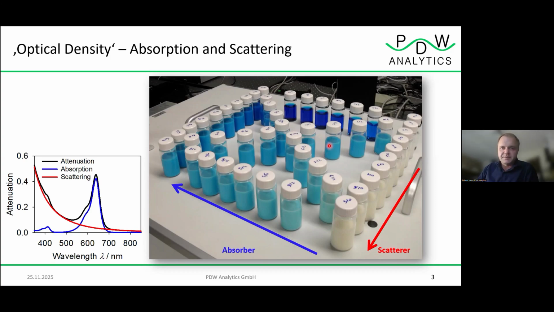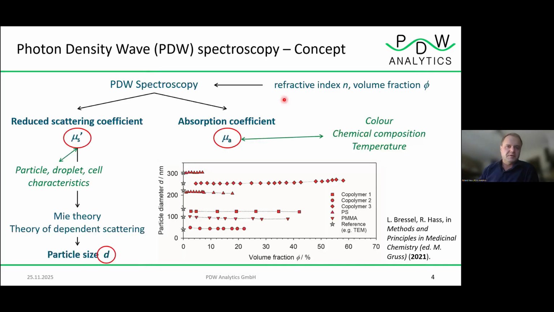PDW spectroscopy is one of the very few techniques which can discriminate between the two processes and separately determine absorption and scattering. So the concept behind PDW spectroscopy is that the results are the reduced scattering coefficient and the absorption coefficient.